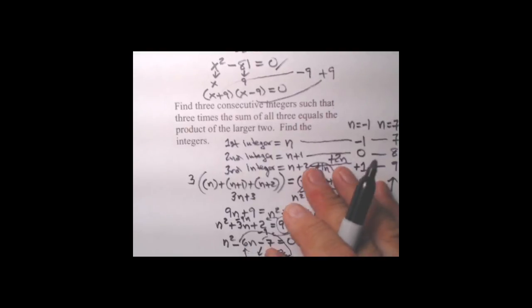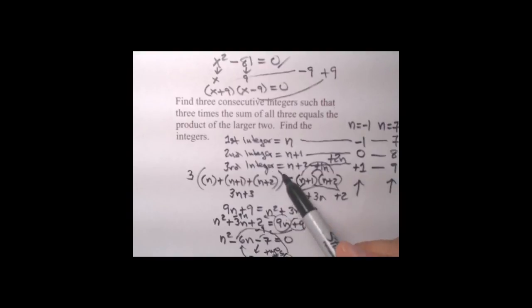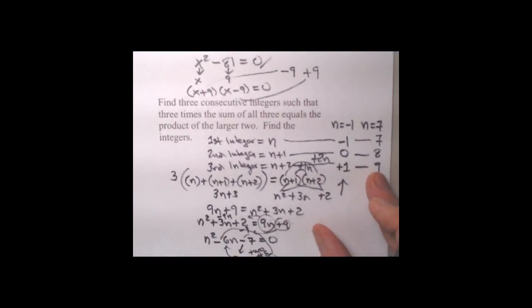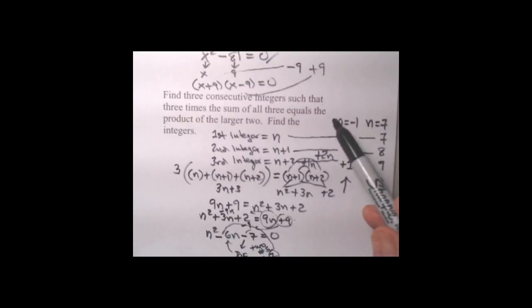But again, translating them carefully, the key is make yourself a list to begin with of what you're going to name each of these guys. First integer n, second n plus 1. And this is also the primo place at the tail end to indicate what your answers are, because of course that's what the problem asks you to do.